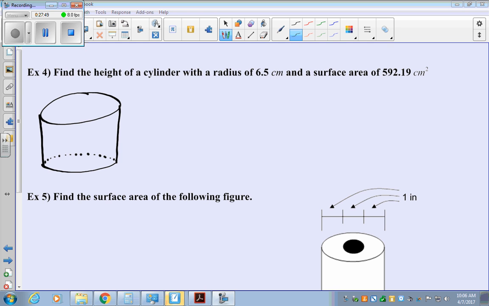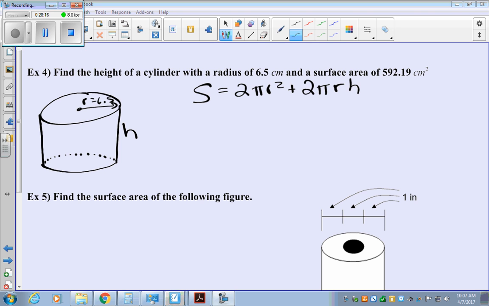All right, so the height of a cylinder, we want to find the height, so we don't know h. When our radius is 6.5, let's go ahead and pull out our surface area formula, and it was 2 pi r squared plus 2 pi r h.